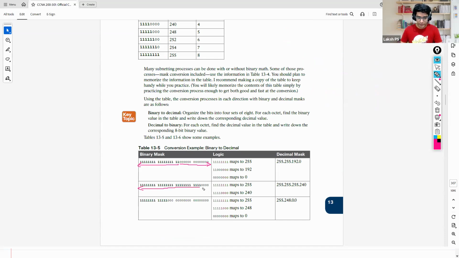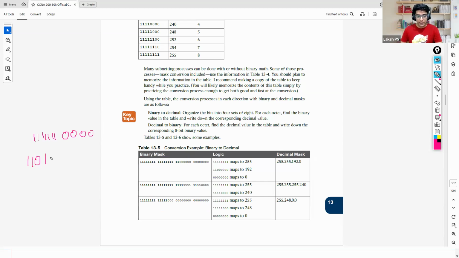All the ones are on the left and all the zeros are on the right, and all the ones are together and all the zeros are together. So all the ones should be together and the zeros should be together in the address mask.